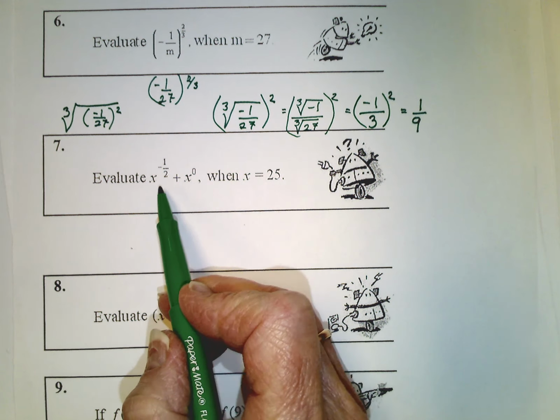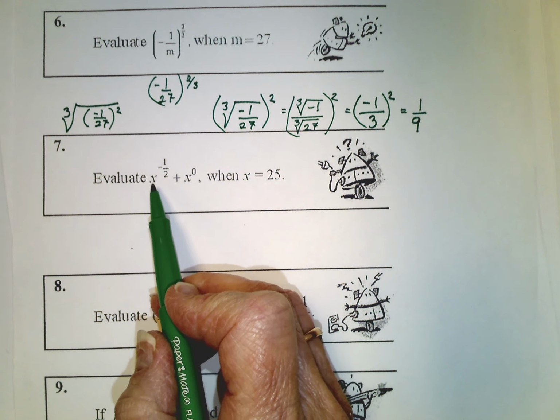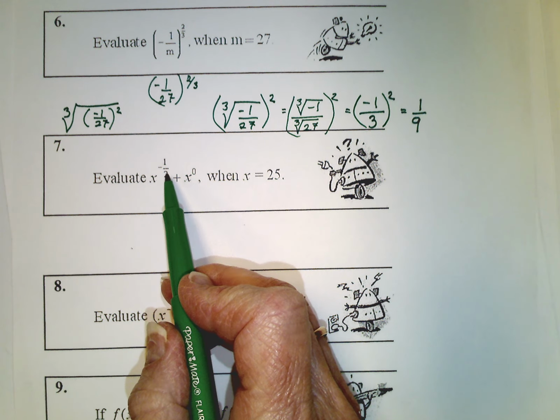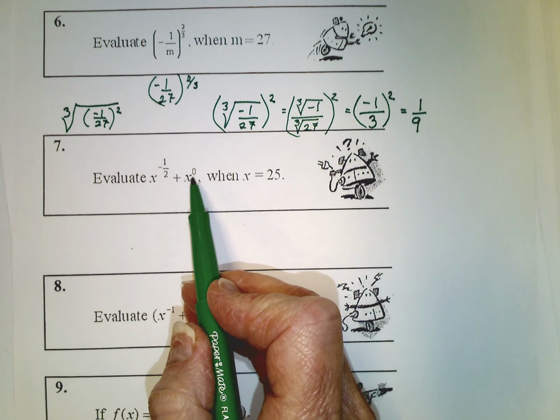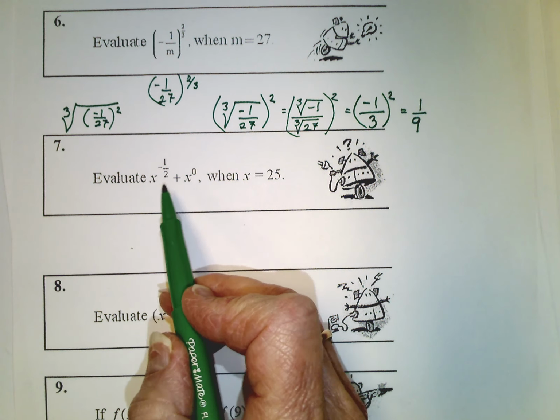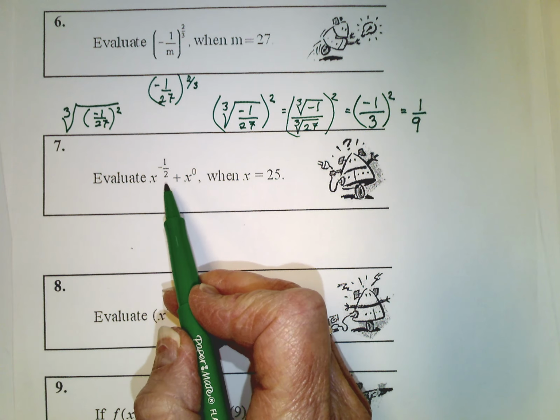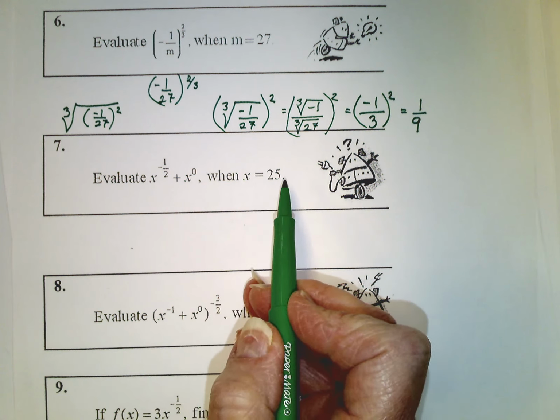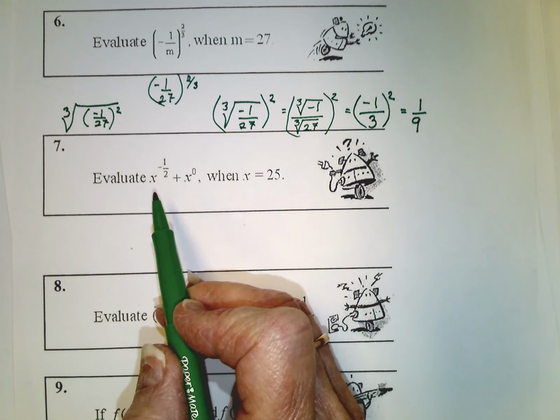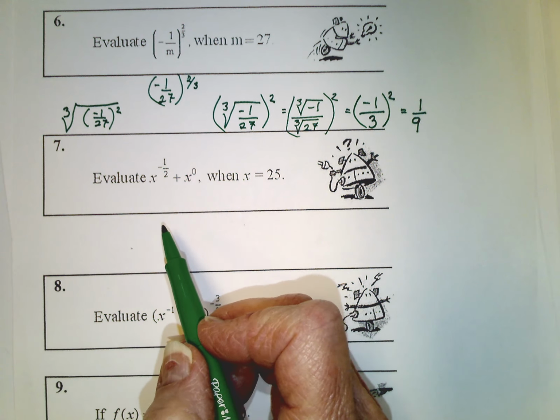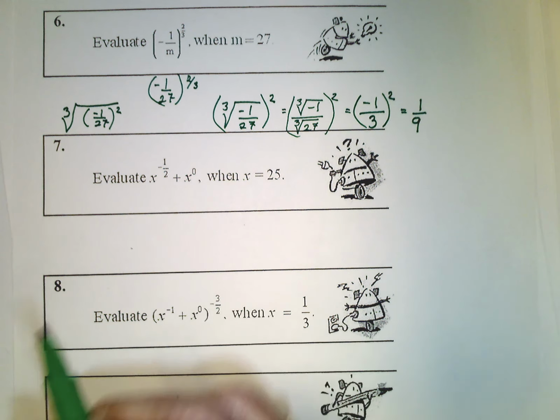So number 7, they gave us x to the -1/2 plus x to the 0. We can simplify this a little bit first and then plug in the 25, or we can plug the 25 in right away. It doesn't matter, whatever you like.